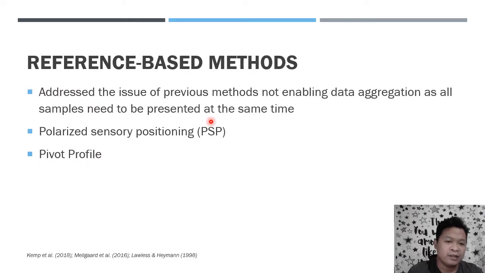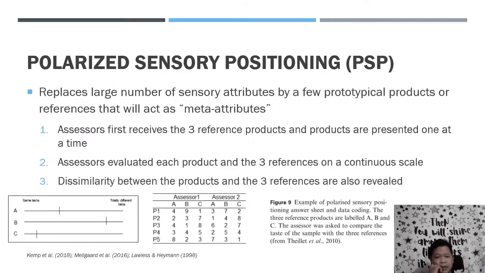Okay, so there are two major reference-based methods, the polarized sensory positioning and the pivot. So in PSP, imbes na sensory attributes yung gamitin mo, meron kang prototype reference products, and this will act as your meta attributes kasi nga conglomeration sila ng kung ano-anong attributes.